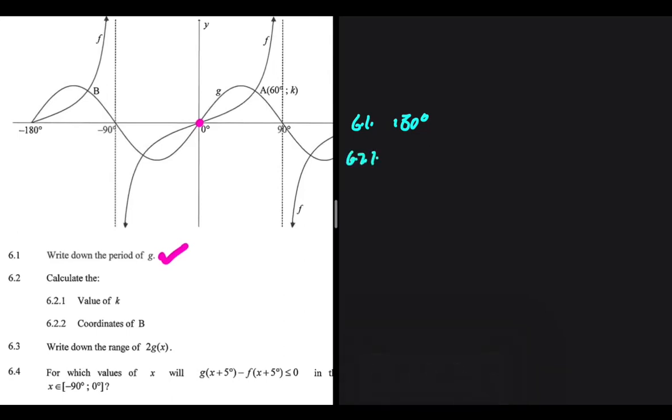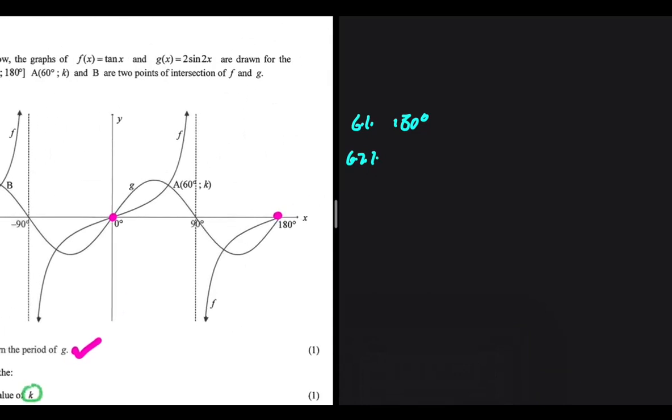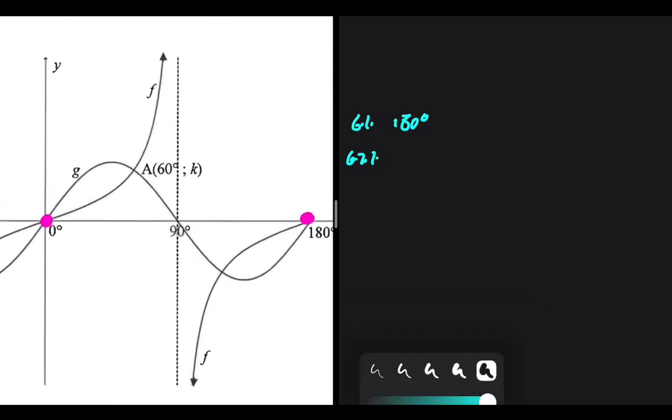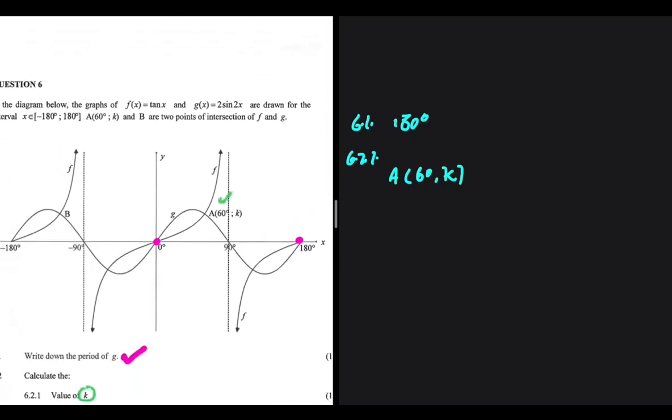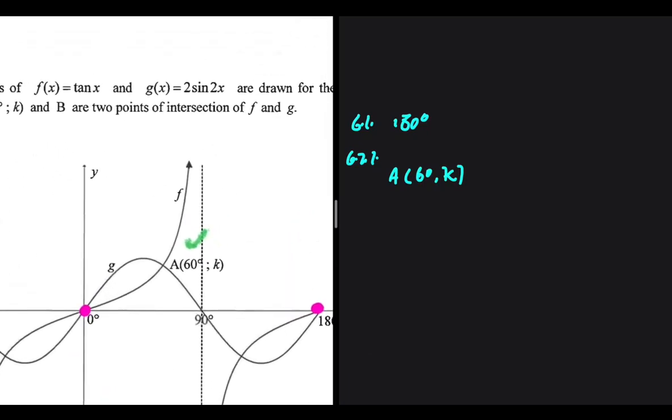6.2.1, let's calculate the value of k. Let's look at our graph. k is the y value of our coordinate A. A is the intersection between f of x and g of x. We have the equation of both, so we can just use the equation of f of x. f of x is equal to tan of x.